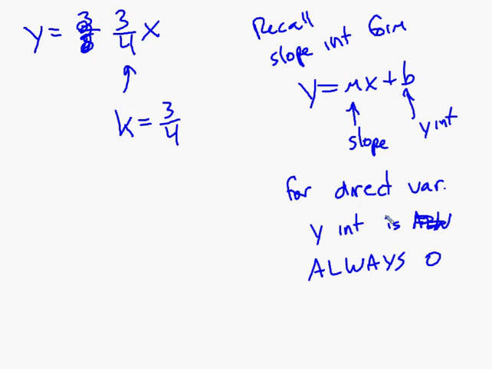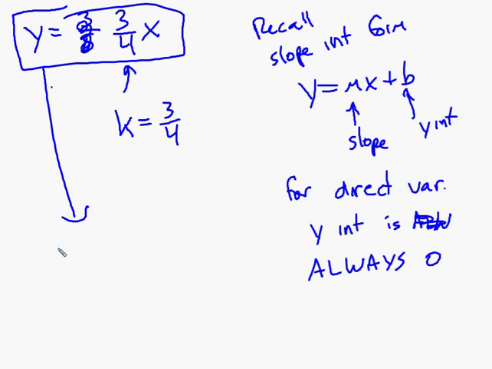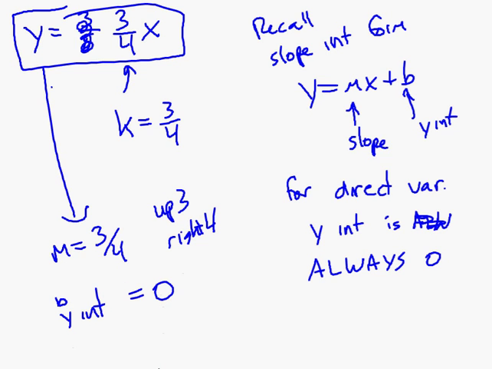So that b, that y-intercept will always be 0. So if I'm graphing this, m is 3/4, which means up 3, right 4. And my y-intercept, or my b, is 0. And for a direct variation, that's always going to be the case.